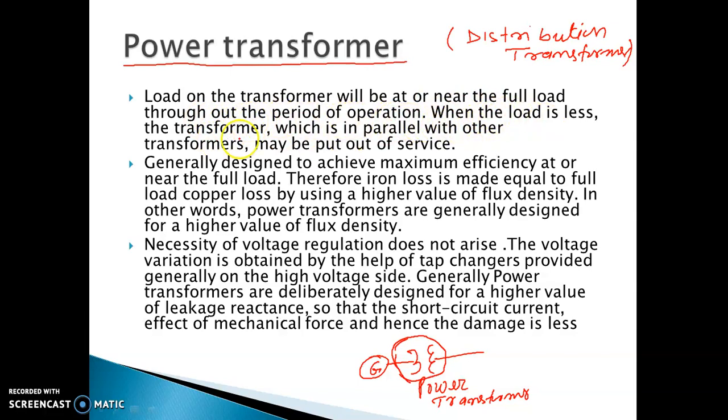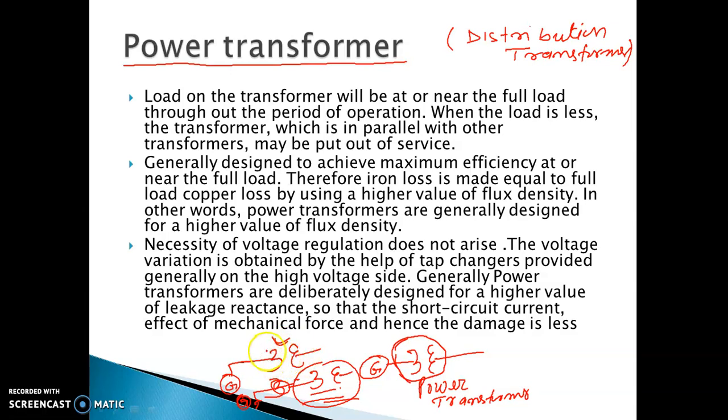When the load is less, a transformer which is in parallel with another transformer may be put out of service. Sometimes transformers are in parallel, like generation 1 and generation 2, and two transformers operate in parallel. If the load is less, we directly disconnect one transformer, but all the time the transformer is operating at full load.